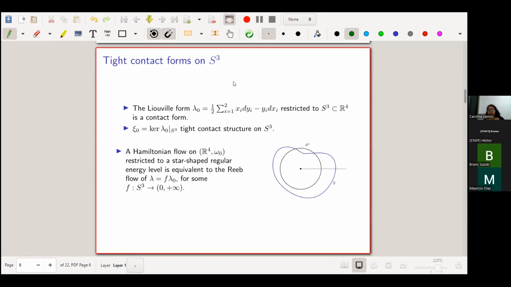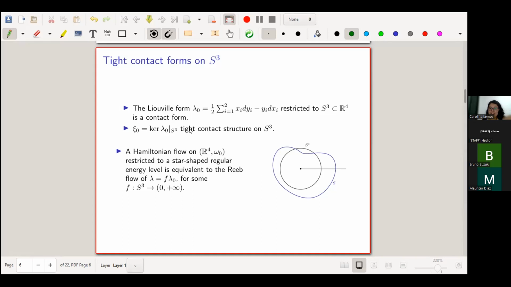So if we have this canonical one-form, the Liouville one-form, defined this way, and we consider it restricted to S3, it is a contact form on S3, and it happens that the contact structure defined by lambda 0, the Liouville form, is a tight contact structure.